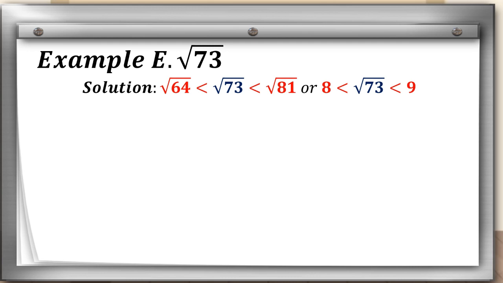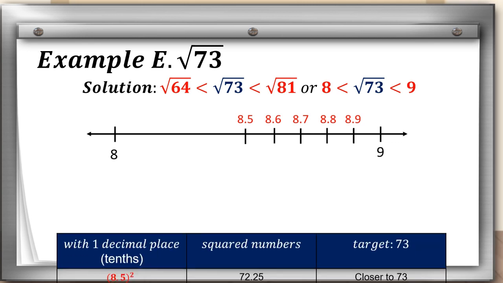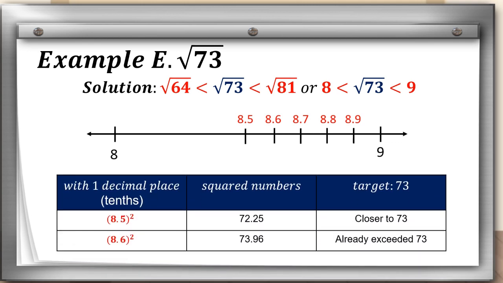Since mas malapit ang 73 sa 81, gagamitin natin ngayon ang 10th decimal place na mas malapit kay 9. So we will start with 8.5 squared, which is 72.25, and that is closer to 73. Next, 8.6 squared, which is 73.96, which already exceeded 73.